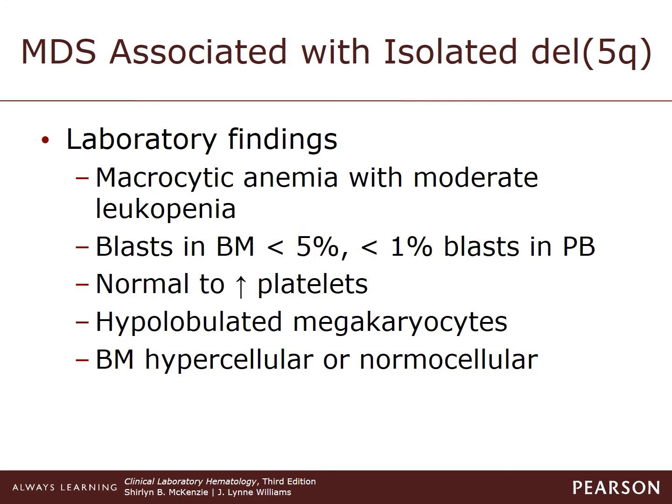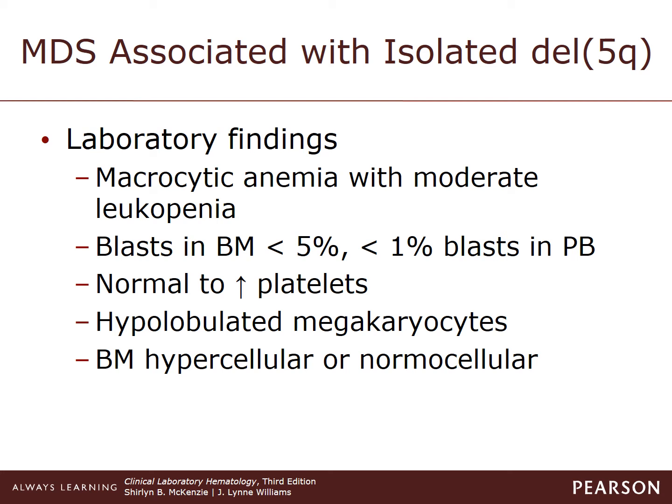Now this next category, MDS associated with a single isolated deletion in the 5q chromosome, they represent a fairly well-defined syndrome that affects predominantly women and occurring at the age of around 67. These patients typically have a refractory anemia without any other cytopenia or thrombocytosis, any kind of hypolobulated megakaryocytes, or any kind of erythroid hypoplasia.